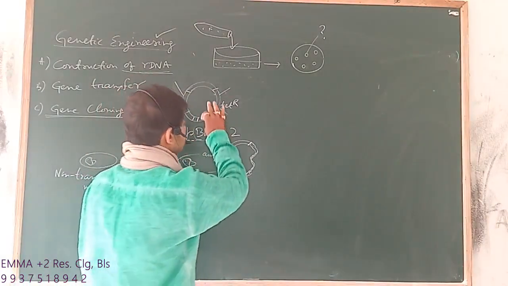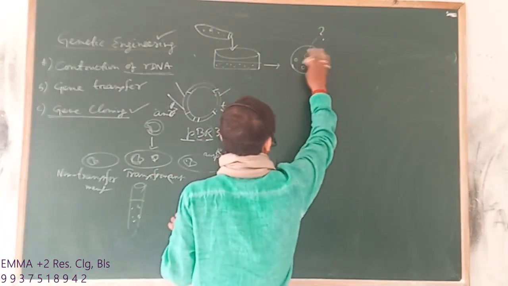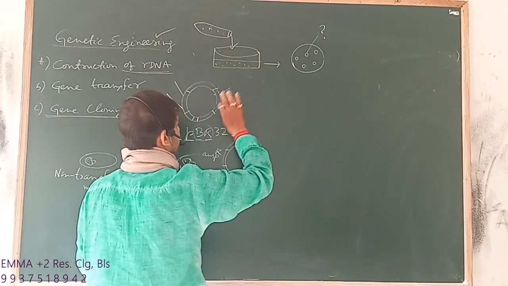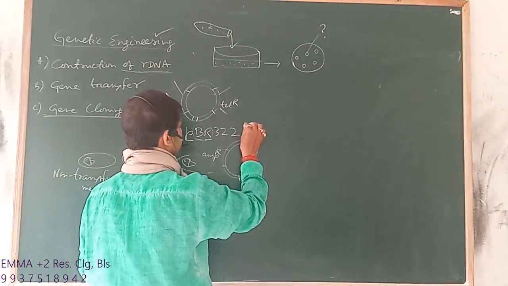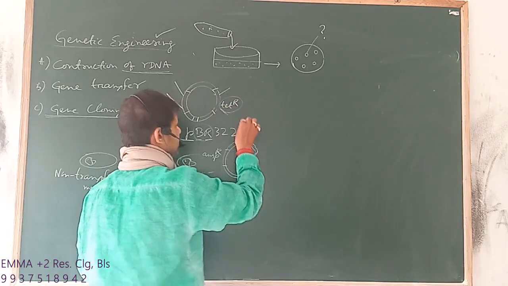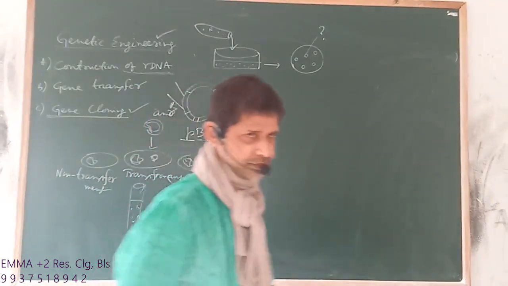So imagine these are the colonies, and any one colony has such a recombinant DNA where the tetracycline resistant gene is inactivated.